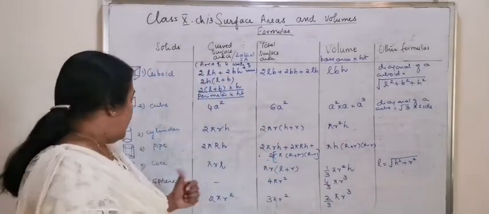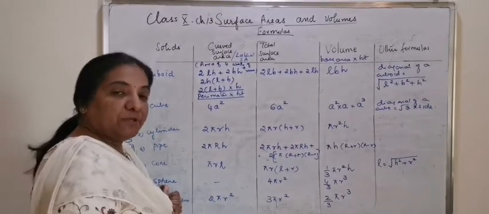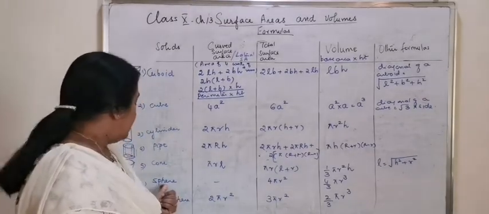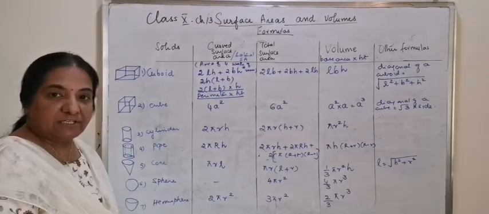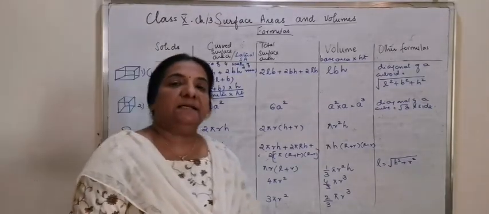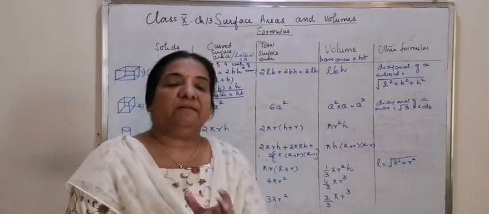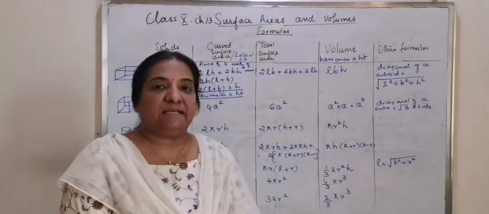And then as special cases, you can consider a spherical shell and a hemispherical shell, which say that there is an outer sphere and an inner sphere with a lesser radius.